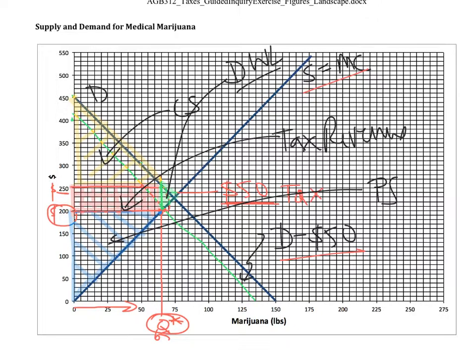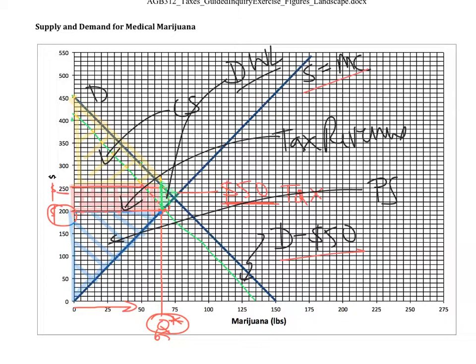So ultimately we say it doesn't really matter who pays the tax, because the consumer surplus is going to be the same, the producer surplus is going to be the same, the tax revenue is going to be the same, and the deadweight loss is going to be the same. So all the outcomes are the same, so neither the consumer nor the producer should care who pays the tax, because it's affecting behaviors all the way around.